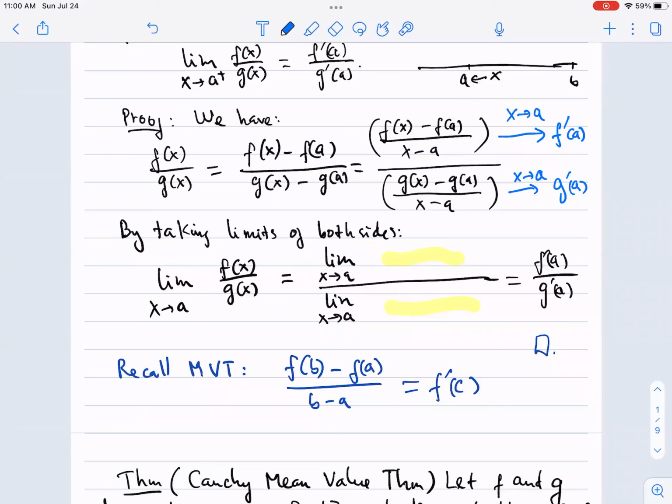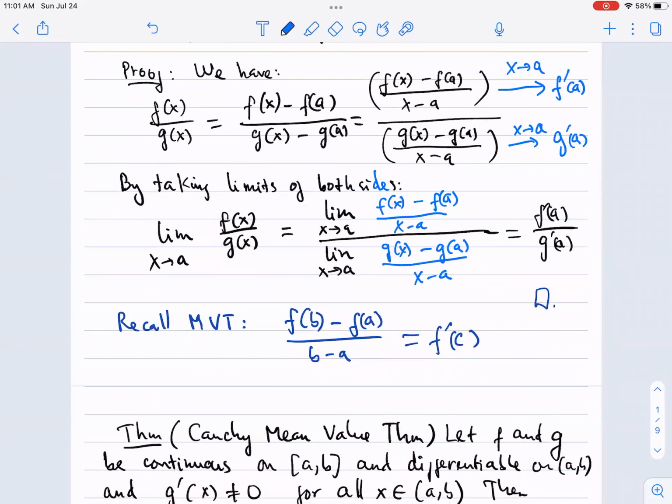Rigorously, we proceed by taking limits of both sides of that equation. So the limit of the quotient f(x) divided by g(x) equals the limit of this expression, f(x) minus f(a) divided by x minus a in the numerator and g(x) minus g(a) divided by x minus a in the denominator.